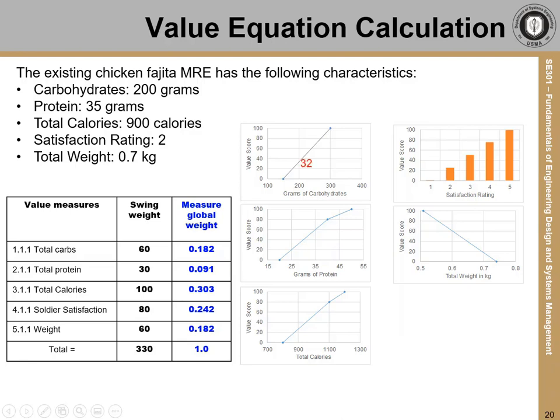For total carbohydrates, we find 200 on the horizontal scale and see that it corresponds to 32 on the vertical axis. For total protein, 35 grams corresponds to a value score of 60.